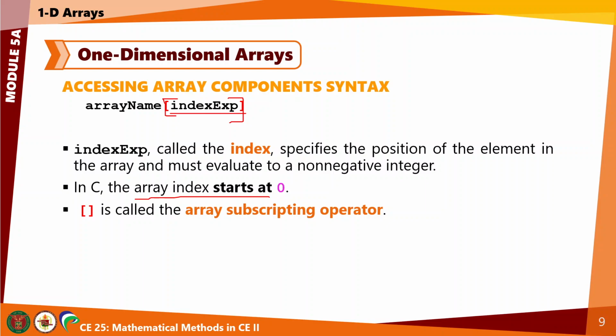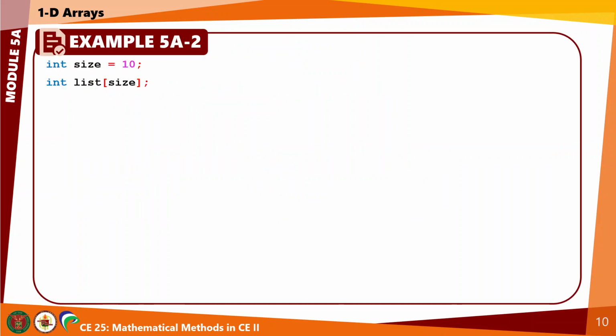Okay, so basically if you want to access or kunin yung fourth element ng array mo, you simply use an index of 3, di ba? So it starts with 0. So yung fourth element or component ng array mo ay ma-access using an index of 3. Okay, more examples sa next slide.